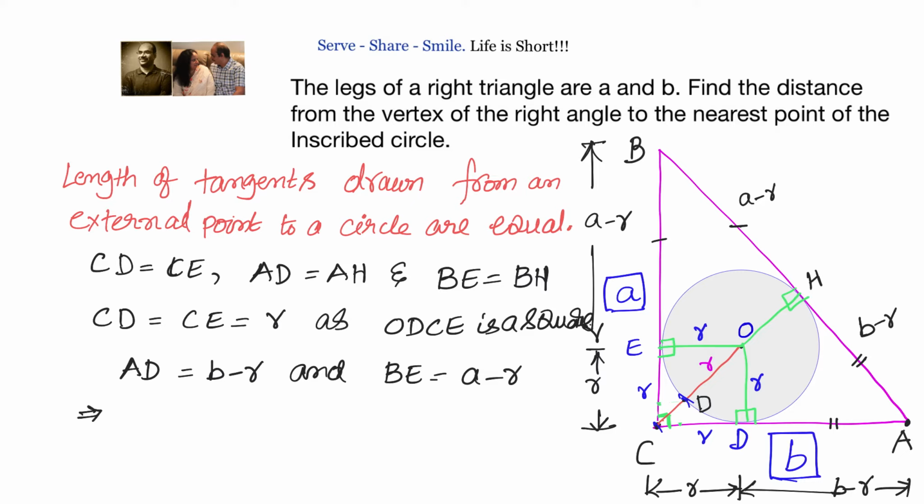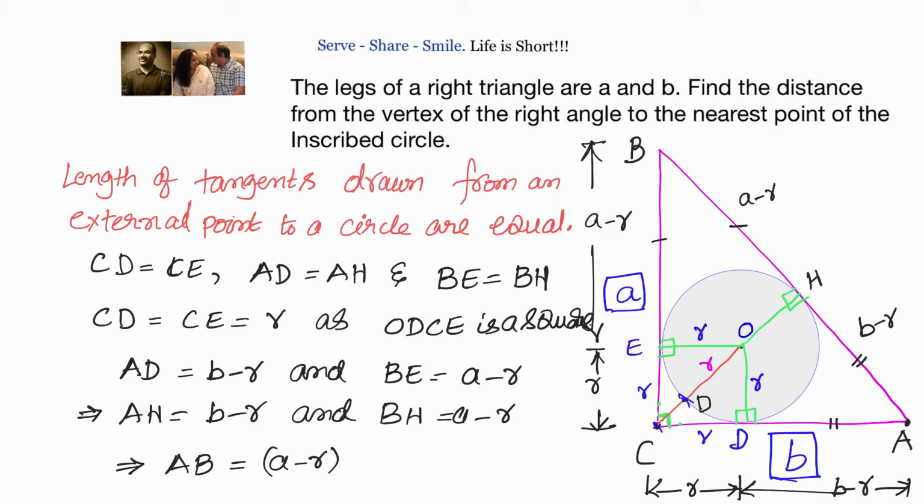Since AD is equal to AH, AH is equal to B minus R, and BH is equal to A minus R. That means AB is equal to A minus R plus B minus R, that is A plus B minus 2R.